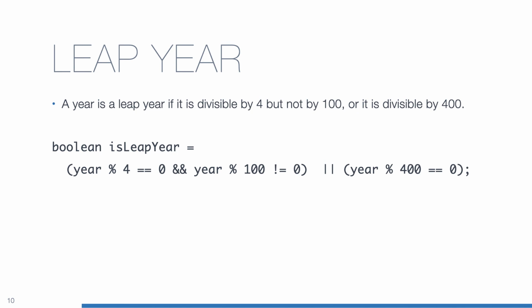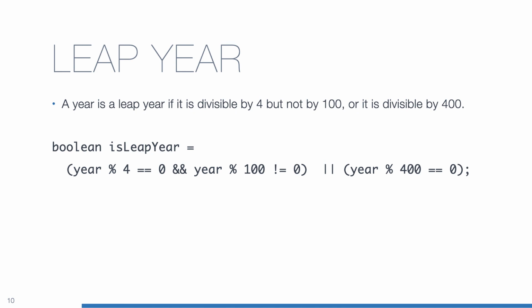And if the result of that is no remainder, meaning it's equal to 0, then we know it's evenly divisible by that amount. There's no remainder left over. So if we want to know if something's divisible by 400, we say year remainder 400 is equal to 0. And if that evaluates to true, then we know that our number is divisible by 400.